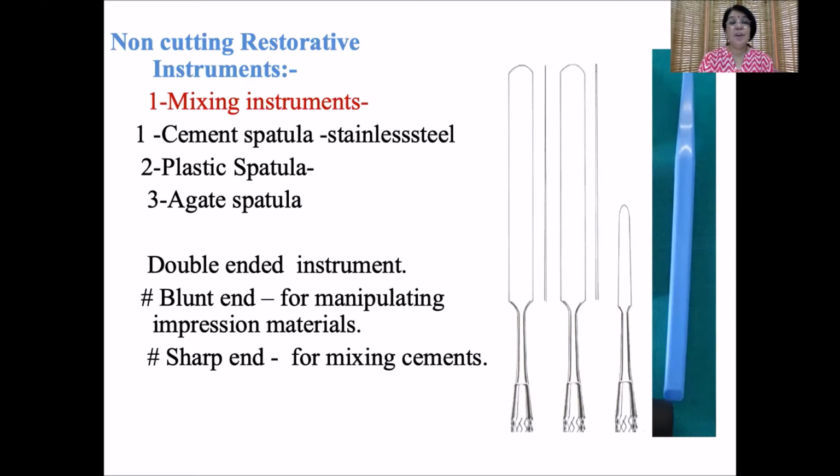But for materials which are very granular or which contain silica, like silicate cements and all, you cannot mix with a stainless steel spatula. You have to use a plastic spatula or an agate spatula for that.